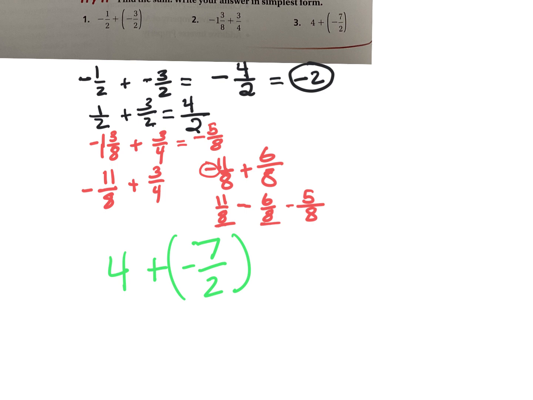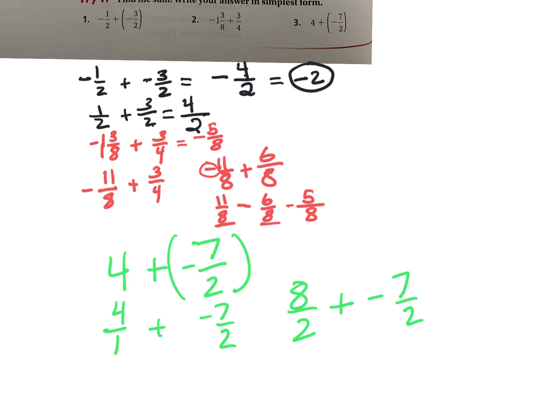First, I want to get it into a fraction form. So 4 over 1 plus negative 7 halves. Now I got to get the denominators to be the same. I'm going to change this 4 over 1 so that the bottom is 2. It's going to be 8 over 2 plus a negative 7 over 2.